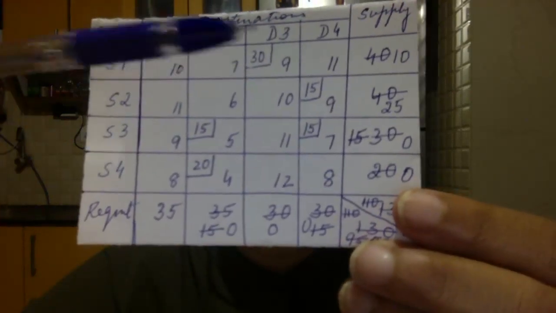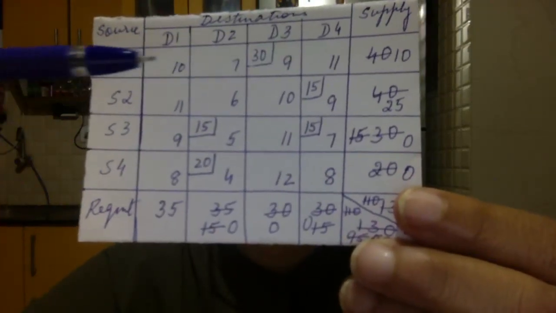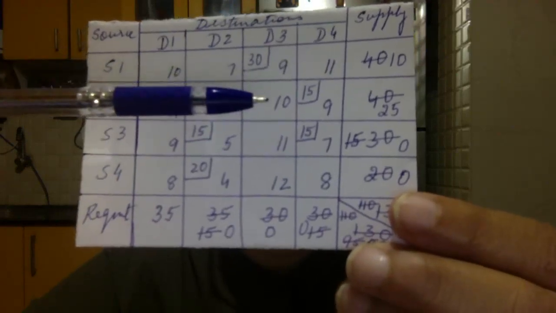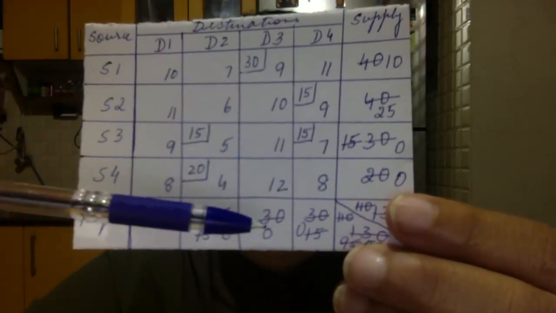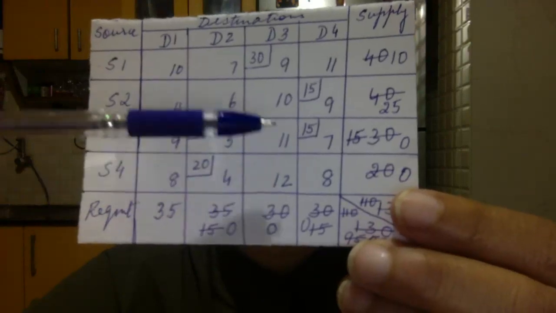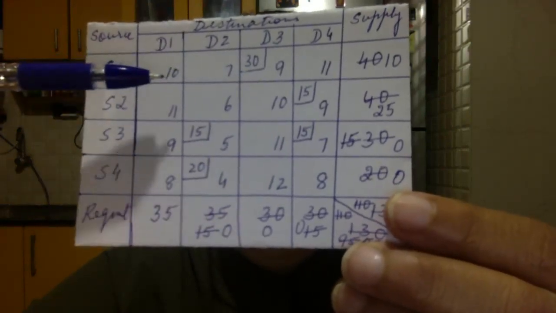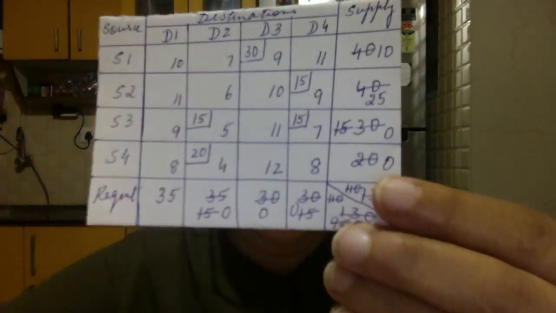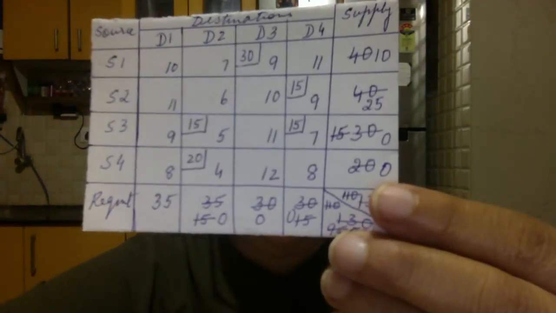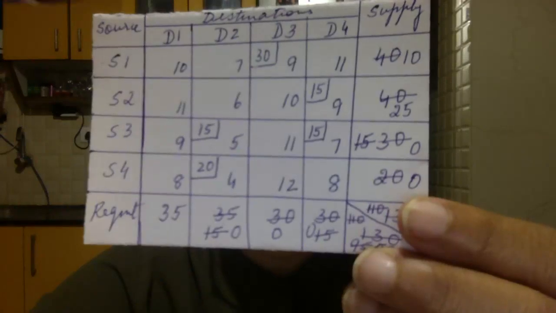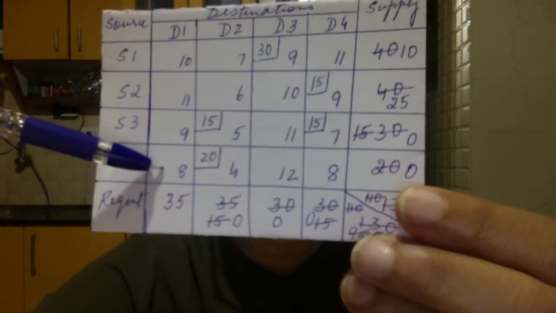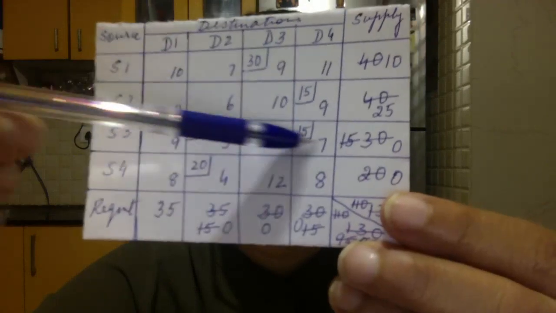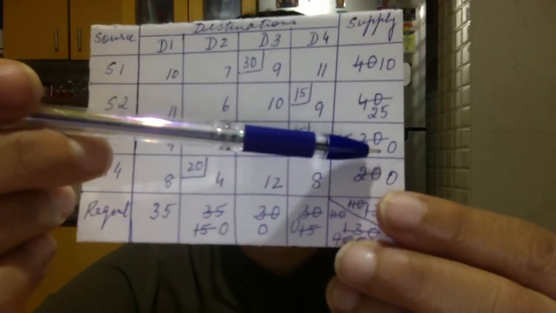Now after 9, the least one is 10. There is one 10 here, there is one 10 here. This 10 becomes useless because D3 is 0. We will use the first 10, this 10. Wait, I'll see whether there is another 9. In this first column, there is a 9. This 9, but we cannot use it. Why? Because 0.